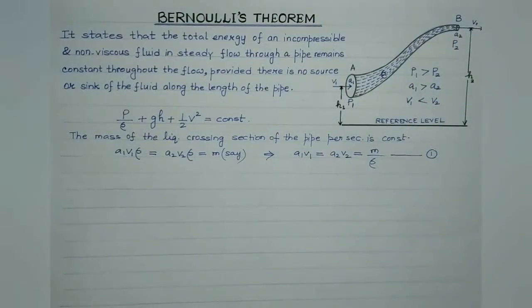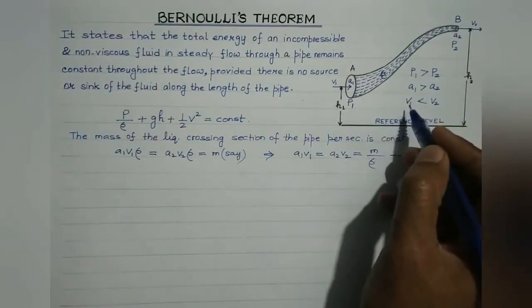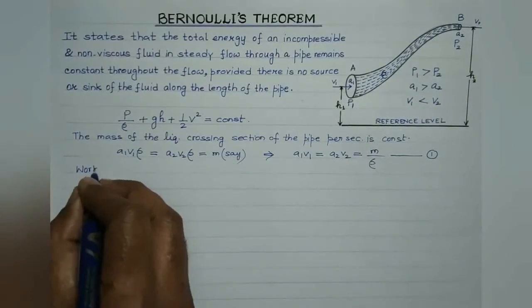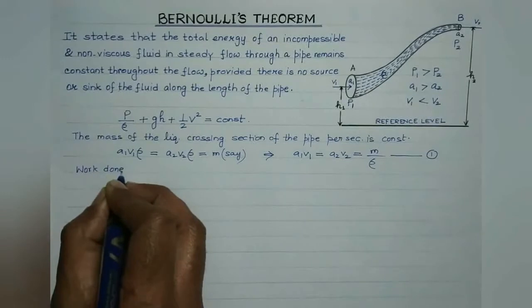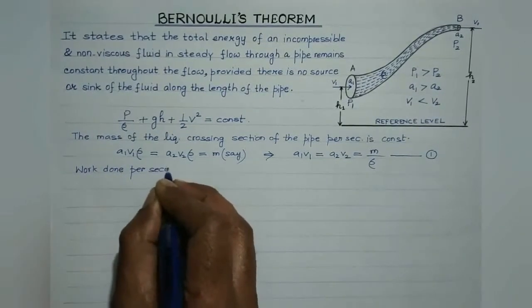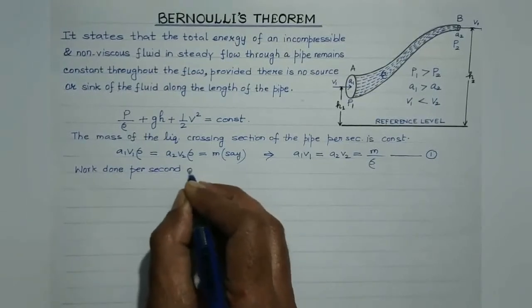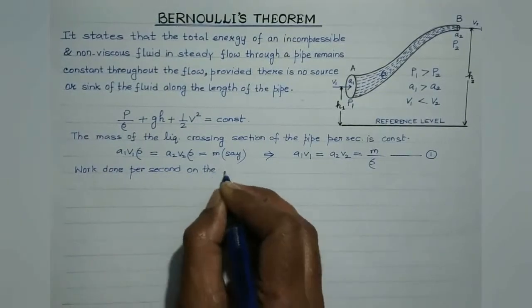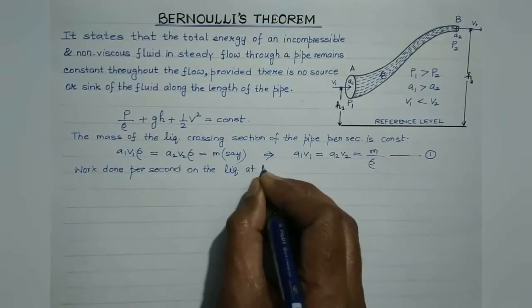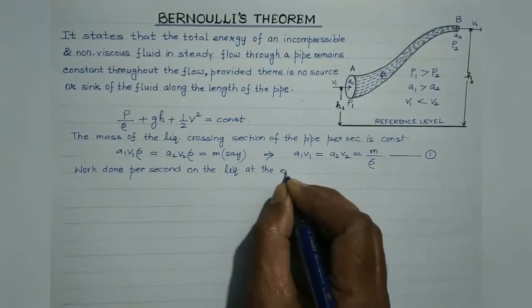So let us find out the work done per second on the liquid at the end A of the pipe.